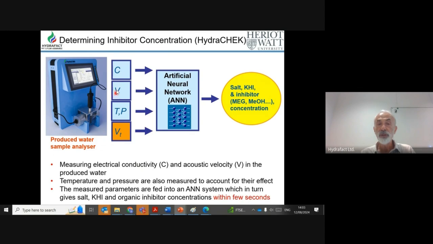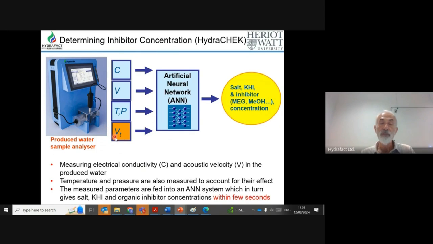Two parameters measured there, therefore we can detect two materials dissolved in the aqueous phase. Normally, one material salt, the other one chemical hydrate inhibitor.